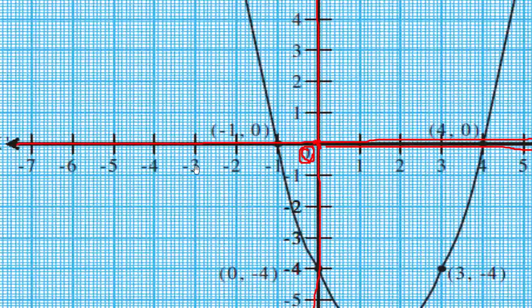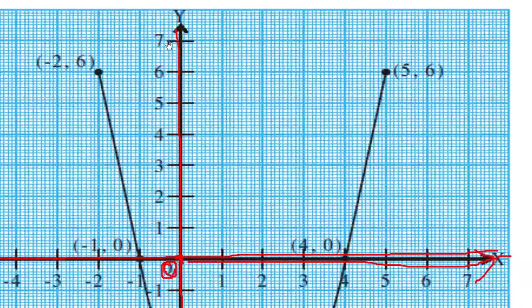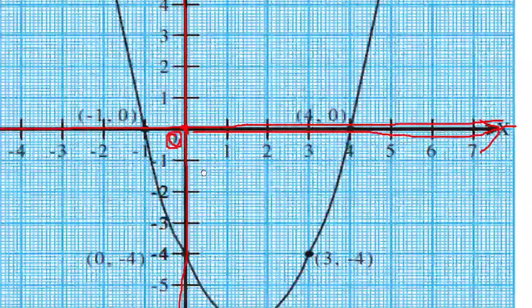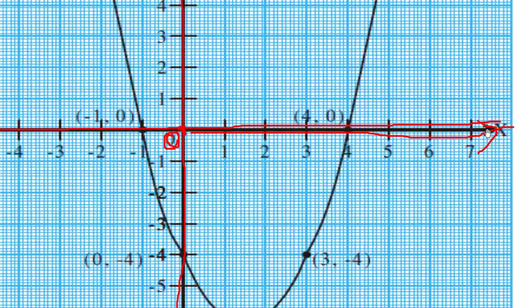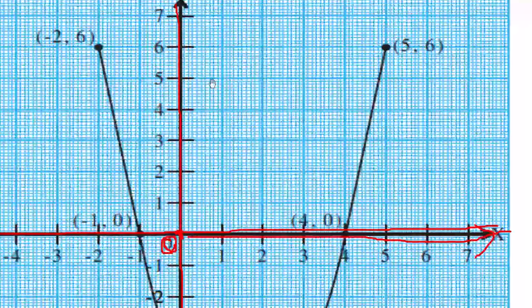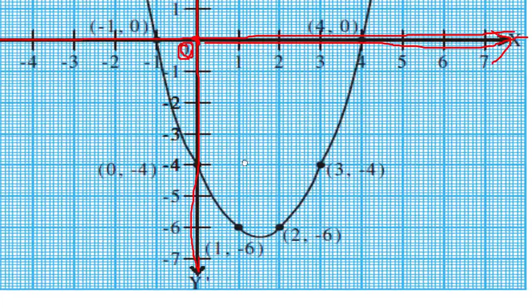On the left side -1, -2 up to -7. Upwards 1, 2, 3, 4 up to 7. Downwards -1, -2 up to -7. Right side is the positive x-axis, left side the negative x-axis, upwards the positive y-axis, downwards the negative y-axis.